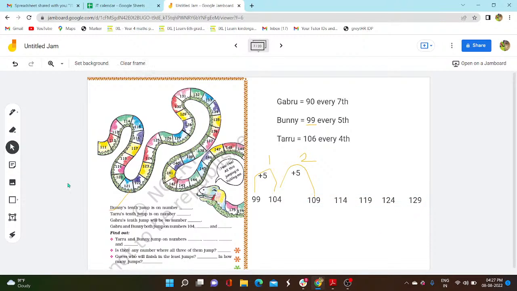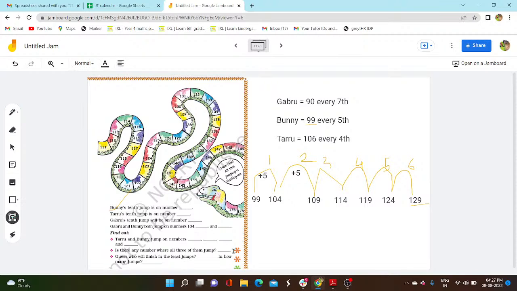Now let's count the number of jumps he has taken to reach 129. 1, 2. This is the third jump, fourth, fifth, and sixth. So 3, 4, 5, and 6. 6 jumps he has taken and he has reached 129.